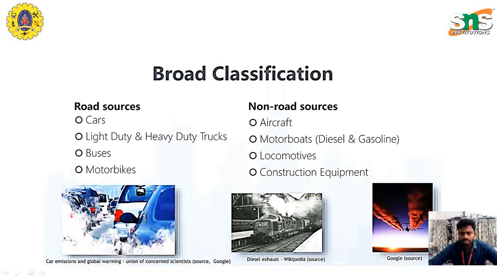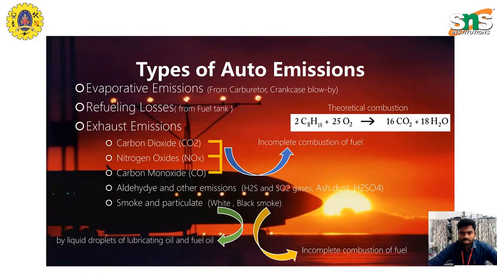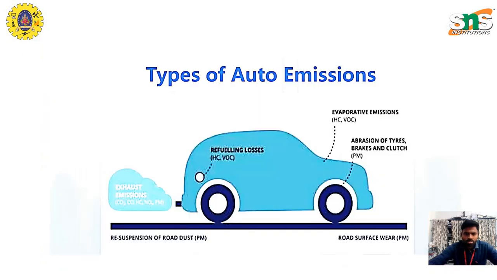With that, we are experiencing so many emissions. These emissions may include evaporative emissions, refueling losses, and major exhaust emissions like carbon dioxide, nitrous oxide, carbon monoxide, aldehydes, and other emissions, including smoke and particulates. So we have different emissions called evaporative emissions, particulate matter, exhaust emissions, and refueling losses.